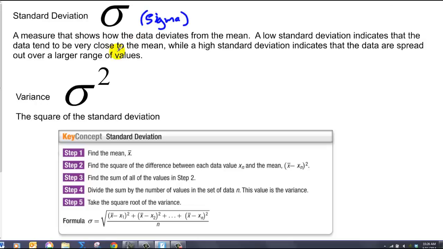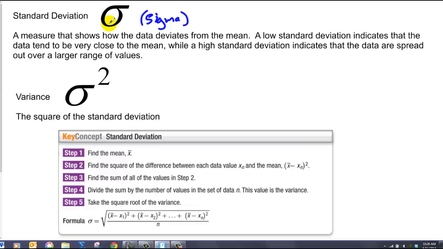Sigma denotes the standard deviation, which basically tells how the data deviates from the mean. Low standard deviation means the data is not very far spread from the mean. High standard deviation indicates the data is spread over a large range from the mean.